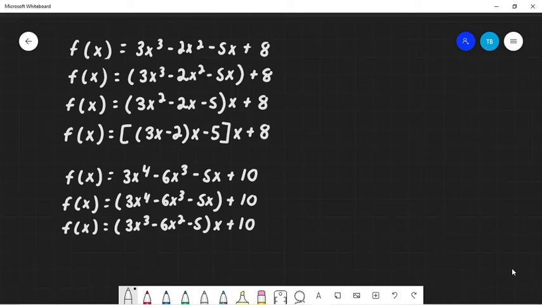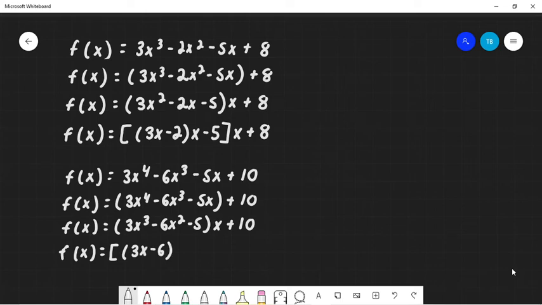You'll see we have two terms left that have an x in them, so we have 3x cubed minus 6x squared. So we can actually factor out x squared from those two terms rather than just x. And when we do that, so we'll do f of x equals, we'll use the brackets again. So remember, we're factoring out x squared, so this becomes 3x minus 6.